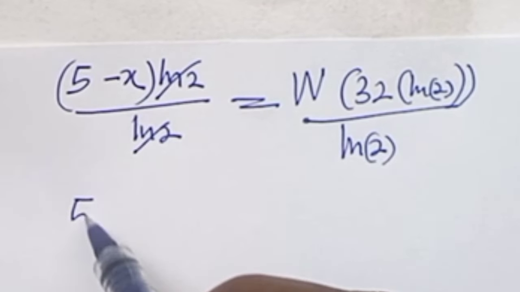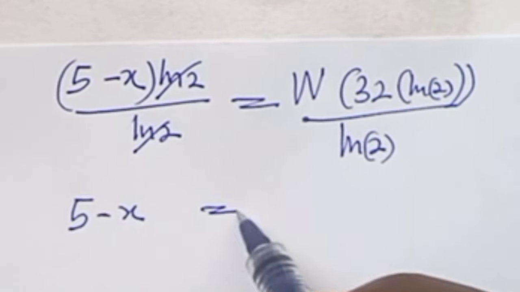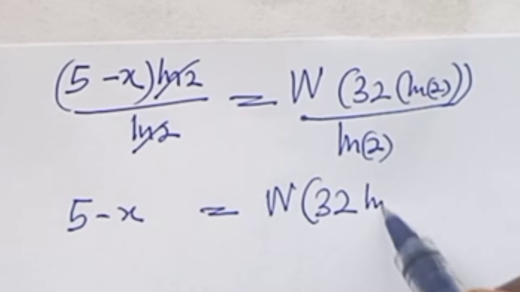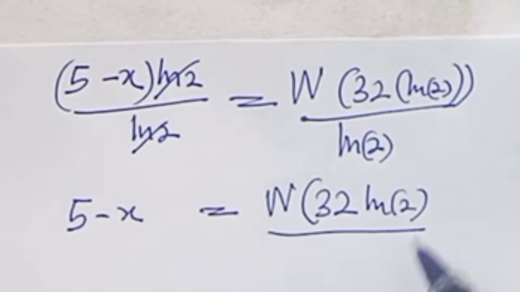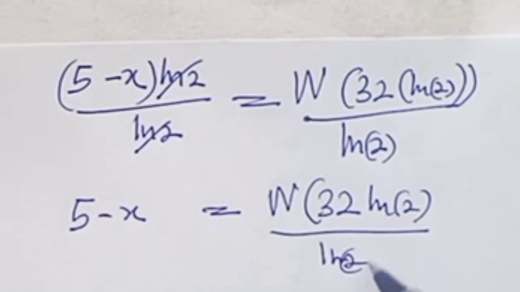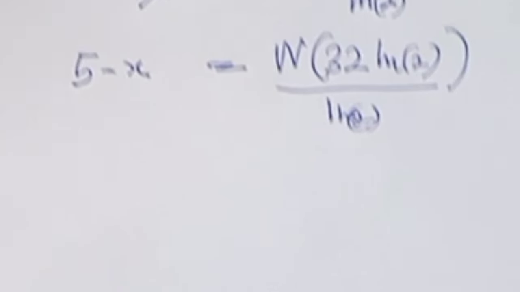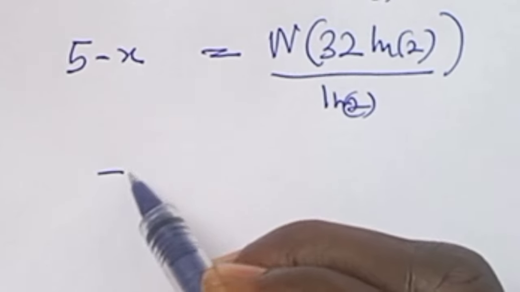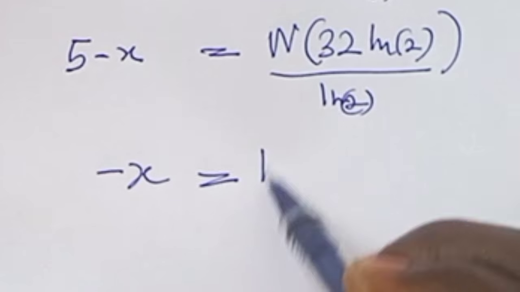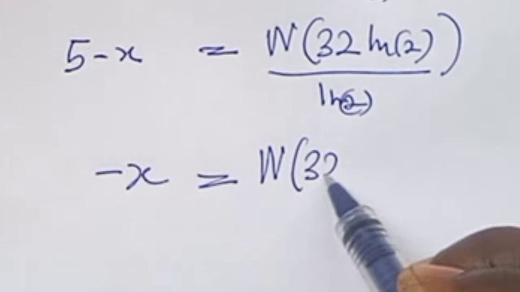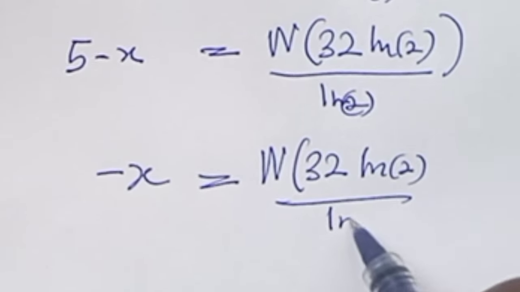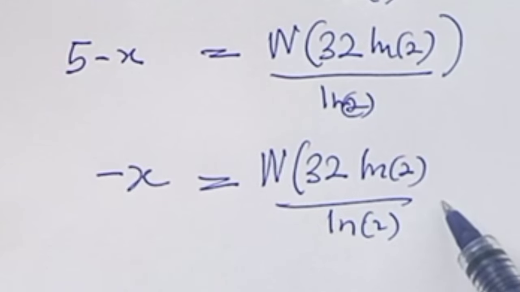What is left is 5 minus x equals to W of 32 ln 2 all over ln 2. Close this bracket. Again, we're going to take 5 to this right hand side. It becomes minus x equals to W of 32 ln 2 all over ln 2 minus 5.